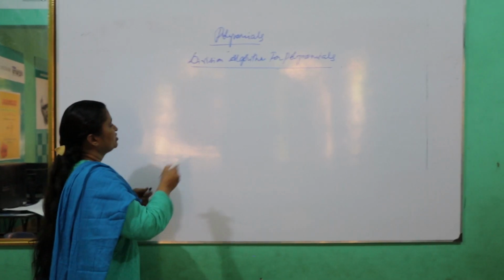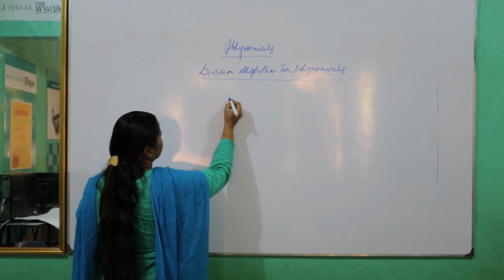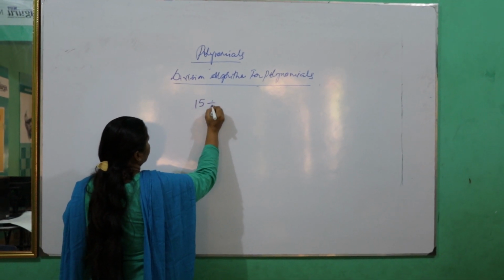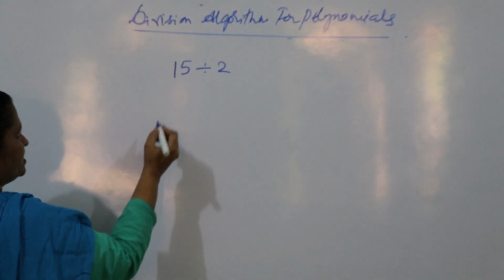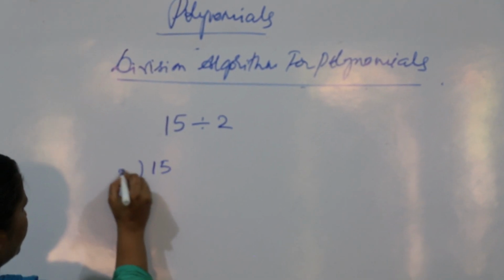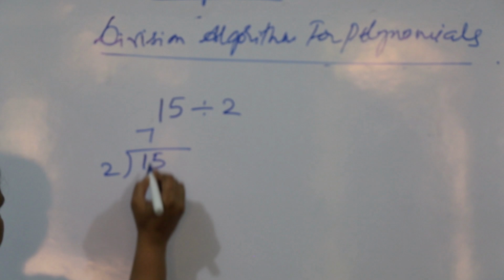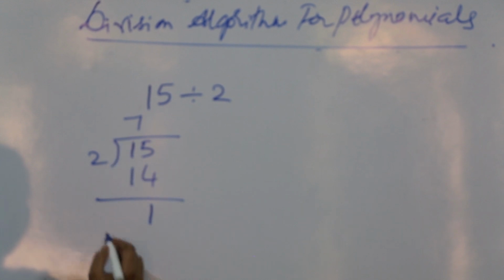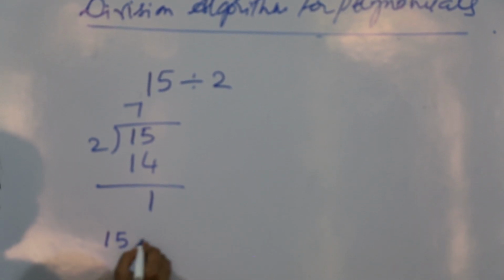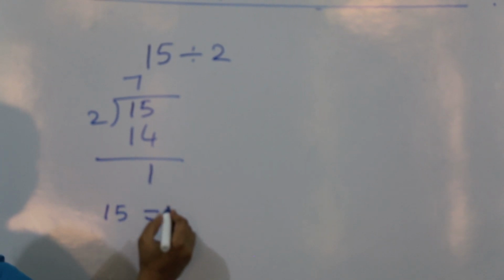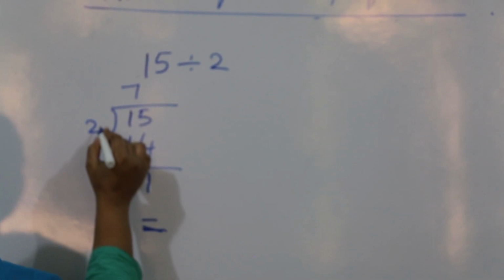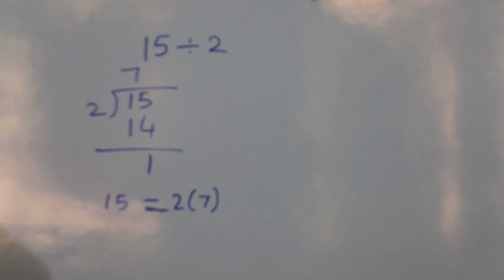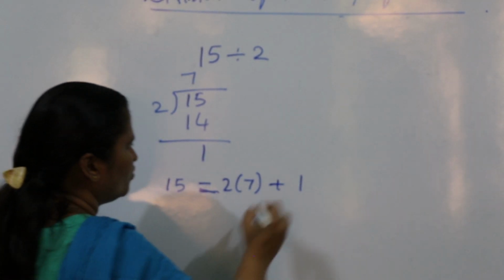When we are talking about division of numbers, let's take for example dividing 15 by 2. Now this entire relationship can be expressed like this. How do we get this 15 using all these numbers? 15 is equal to 2 times 7 plus 1.